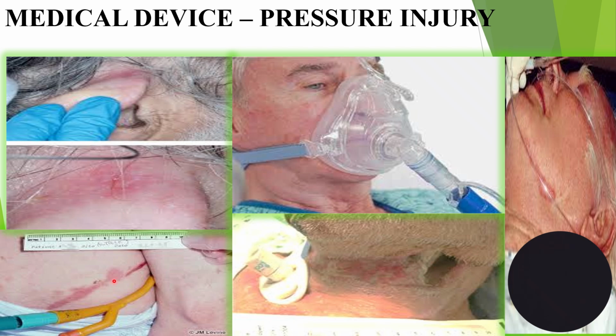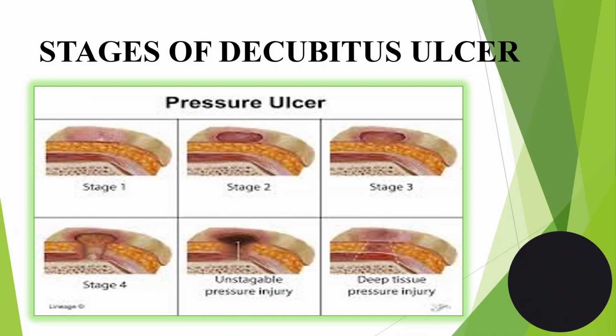With an indwelling catheter, you can see the pressure sore or pressure injury which happens due to the mechanical devices. So these are all the mechanical device injuries you can see in a person with device support.